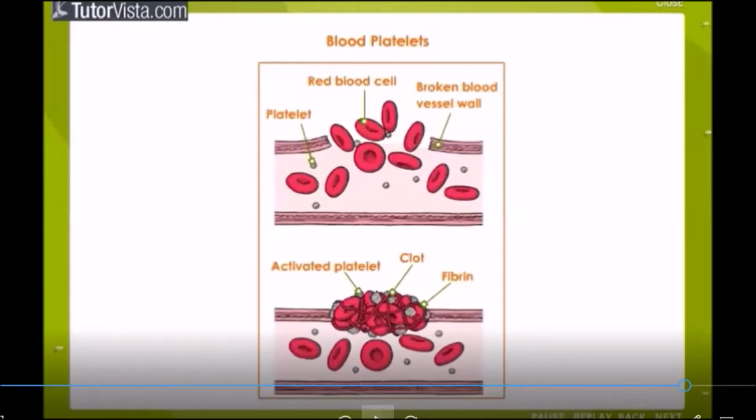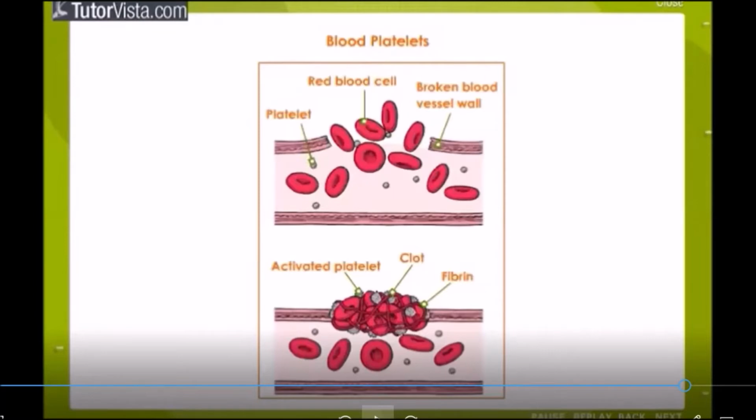If it is not stopped, after a while your whole blood from your body will flow out, and obviously you'll feel sick from the loss of blood. But what happens in the natural phenomena of platelets whenever you have an injury and the blood starts oozing out, the platelets become active and they start gathering over that part of your injury and stick to that injury and start forming a clot.